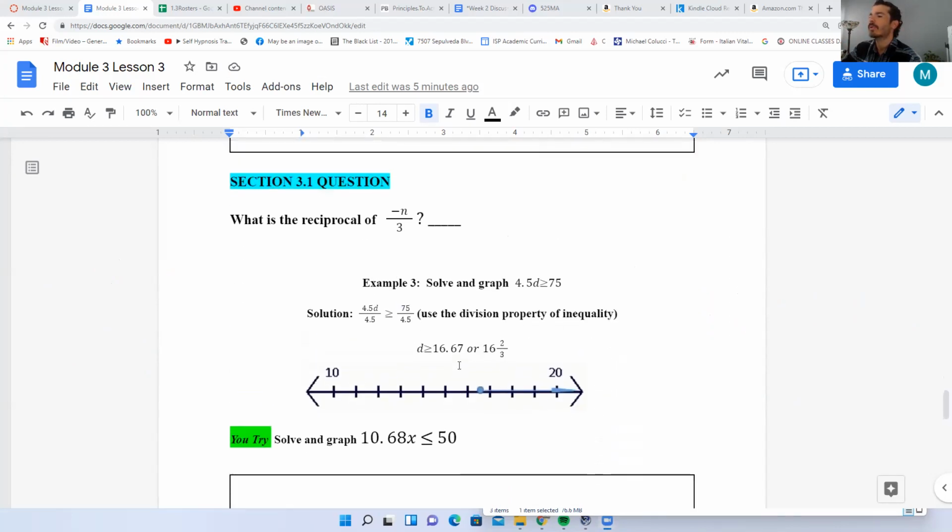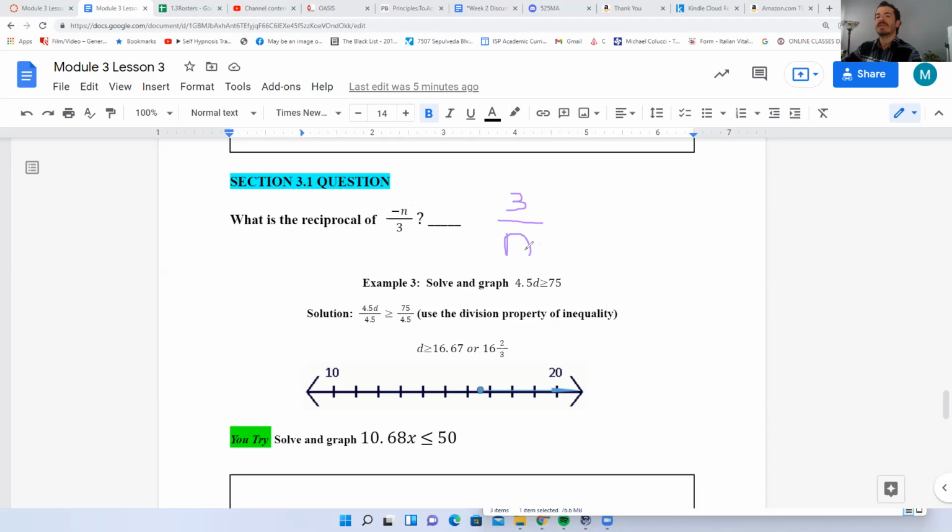Okay, what is the reciprocal of -n divided by 3? We take the denominator and we put it on top, so it's now the numerator. And we take the numerator and we put it on the bottom, so it's now the denominator.